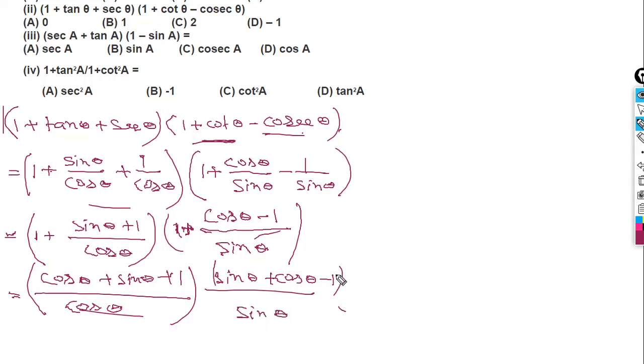You see here we can multiply: cos theta plus sin theta plus 1 divided by cos theta and sin theta plus cos theta minus 1 divided by sin theta.